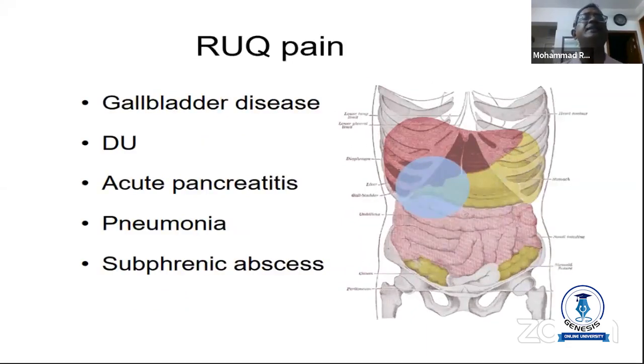If you feel pain in the right upper quadrant, you always think about the liver, which is situated in this area. So anything related to the liver and liver-associated factors like gallbladder and liver abscess, you can find pain in that area. Duodenal ulcer disease also is a feature, and right basal pneumonia and right-sided subphrenic abscess.